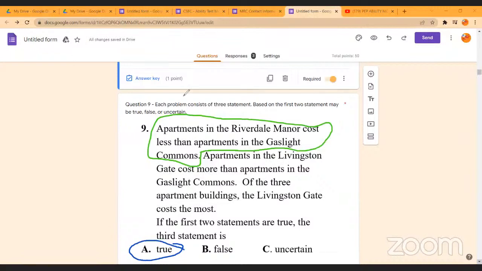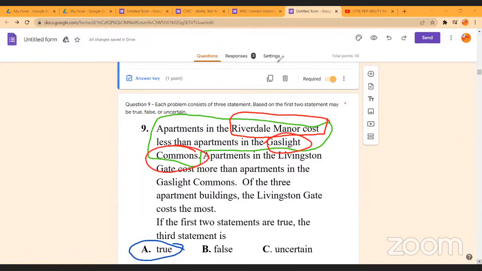One of the apartments is in Riverdale. And where's the next apartment? Gaslight. Good job. So the next apartment is in Gaslight Commons.